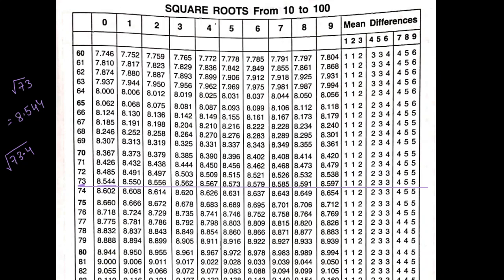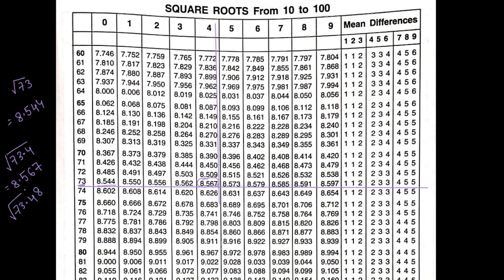This is the 73.4 column. Where these two lines intersect gives the square root of 73.4, which is 8.567.